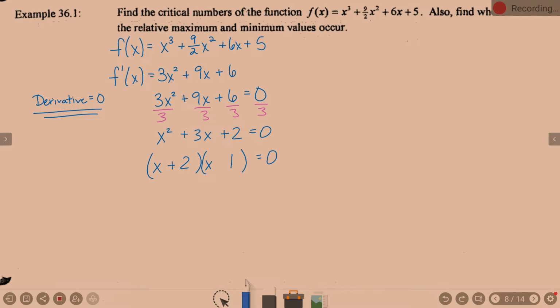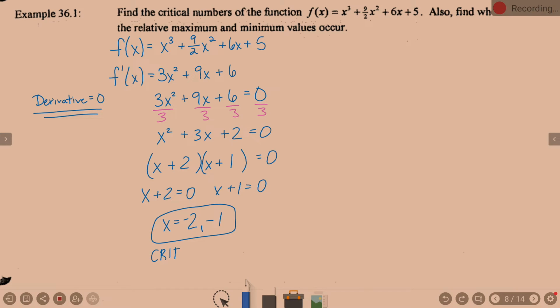Multiply to be 2, add to be 3, plus and plus. What do I actually do with these parentheses now? Officially, you're setting each part equal to 0. So x plus 2 equals 0, x plus 1 equals 0, and we have values of -2 and -1.